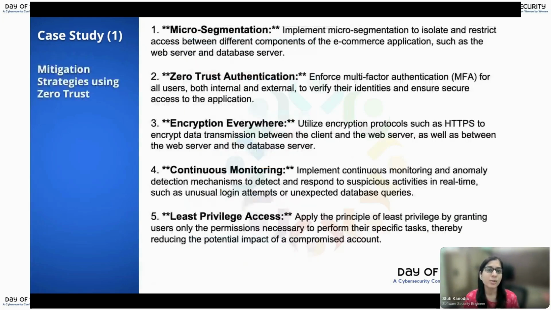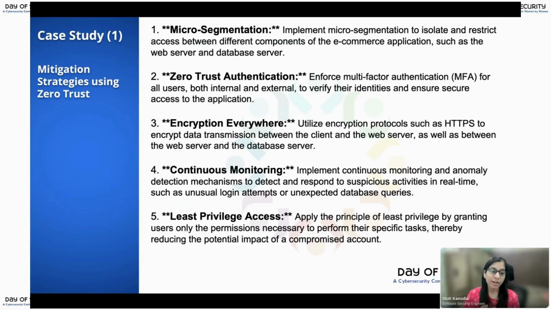Now let's see how we can remediate those attacks using zero trust security. These are some of the mitigation strategies that I have listed here. One is micro segmentation. As mentioned earlier, we have a web server and a database server. With micro segmentation, we can isolate and restrict the access between different components of the e-commerce application, for example the web server and database server.